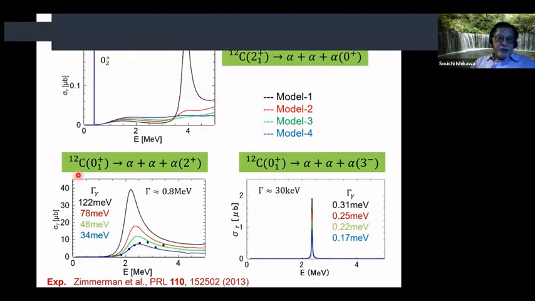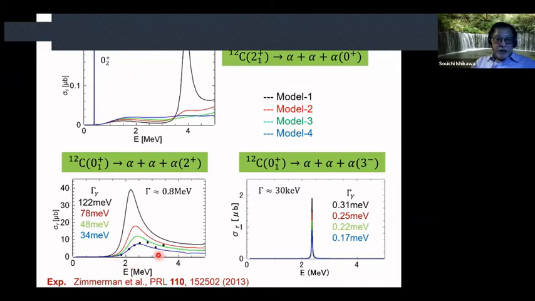And for the 0 plus to second 2 plus state, the result is here. There is rather large model dependence. And for this reaction, we have some experimental data for the photodisintegration cross section, which I plotted here.